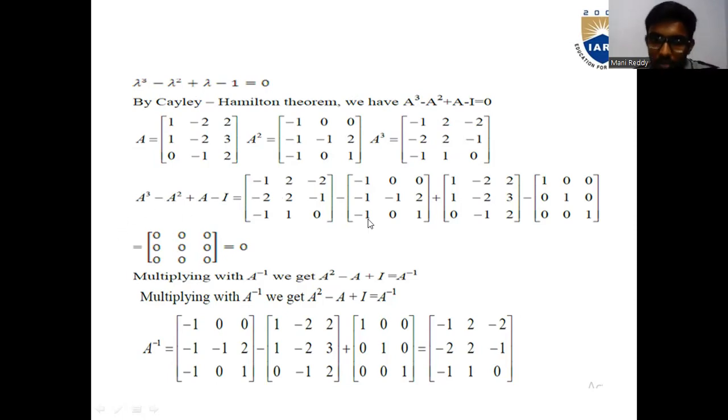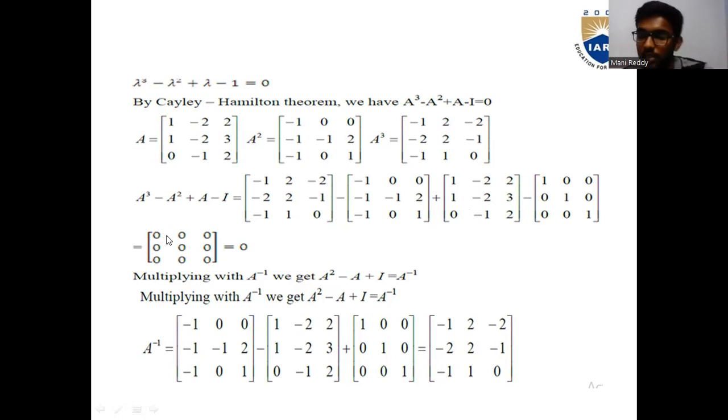After substituting A cube minus A square plus A minus I, the diagonal elements must be 1, and the upper and lower triangular elements must be 0. Whatever the signs are, we do the operations. First element: minus 1 minus of minus 1 is 0, and plus 1 of minus 1, so 0.